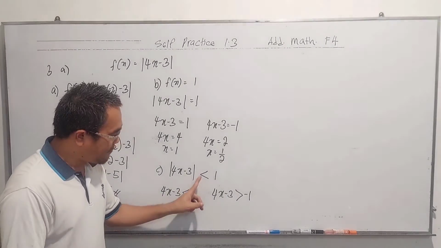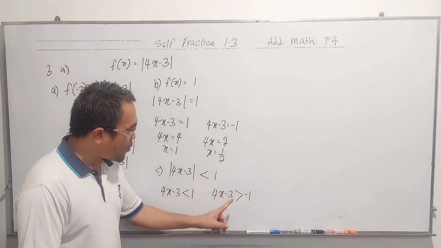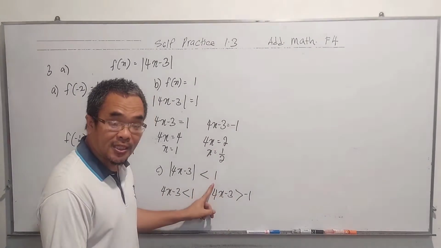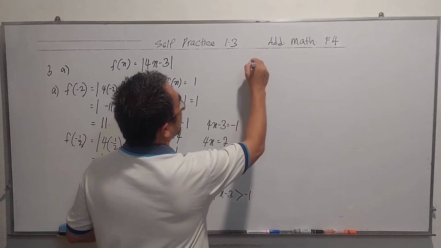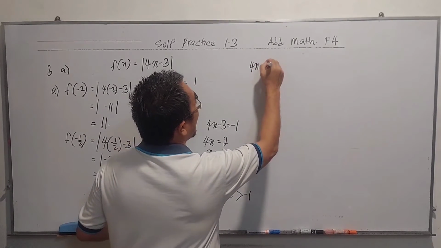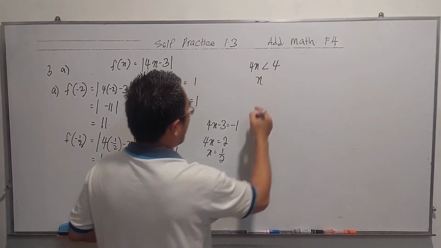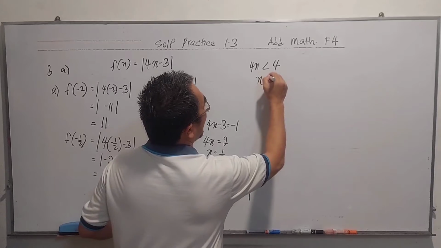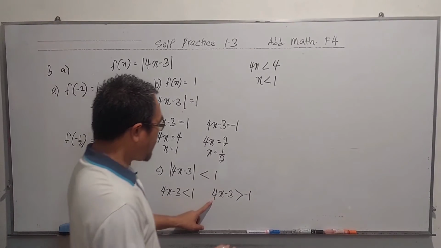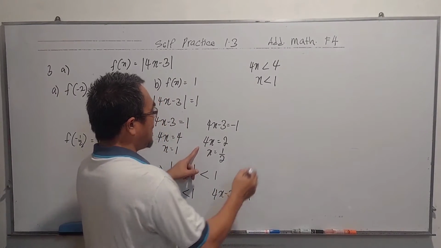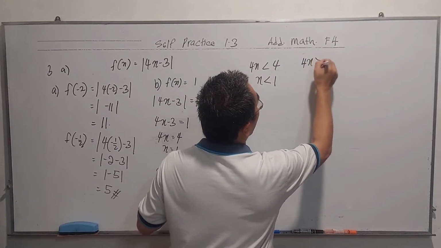If the first symbol is less than, you take less than the original value. For the second one, you change the symbol and change the sign of the value. And you solve both. So 4x less than 1 plus 3, which is 4, so x will be less than 1, because 4 divided by 4. And for this one, it is similar, that is, 4x will be more than.